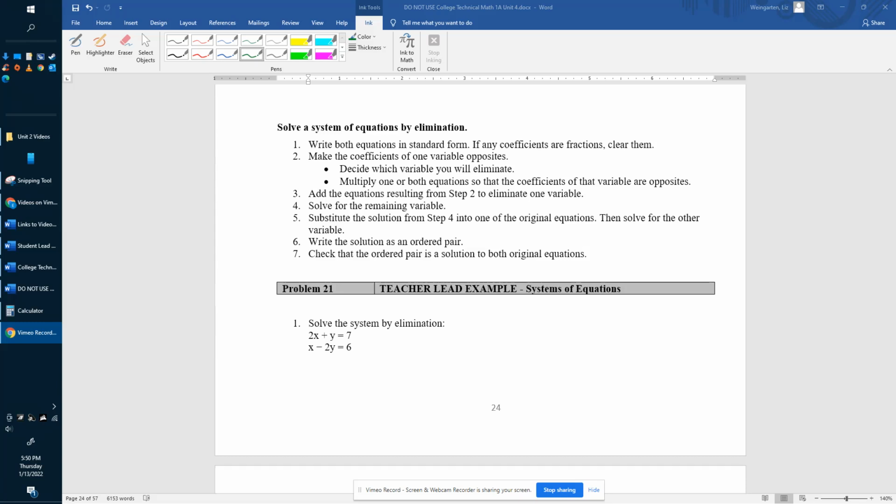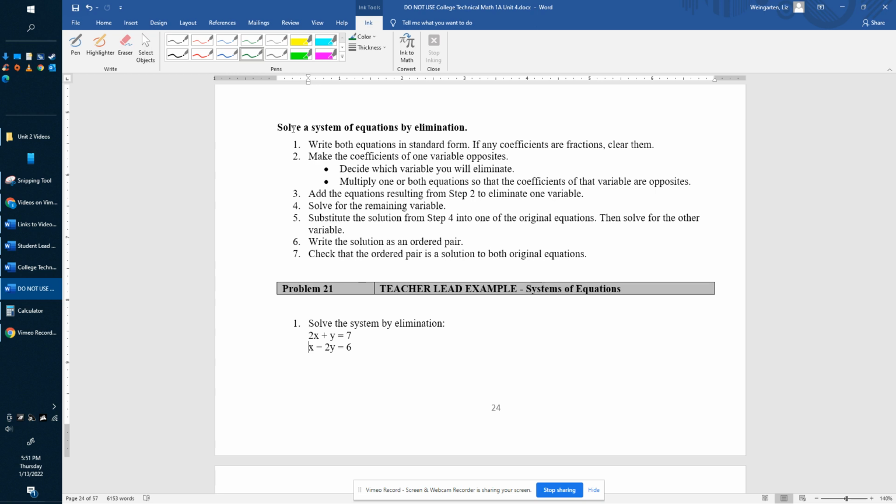Now I'm going to show you our last strategy, and it's actually my favorite, solving a system of equations by elimination. So what we're going to do is multiply one of the equations by a number so that we get the additive inverse for one of the variables.